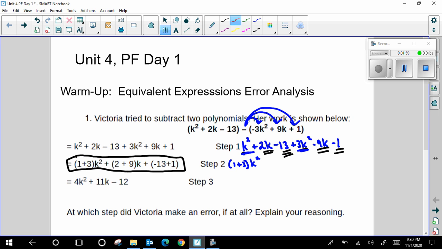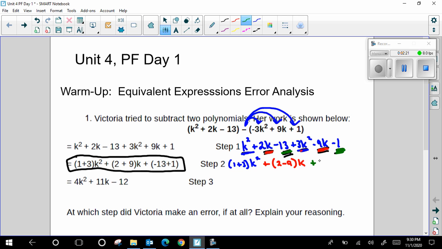Then our next terms, we're going to put our k terms together, which are these terms. So I have a plus 2 minus 9 k. Then our last terms we're going to put together are the constants.